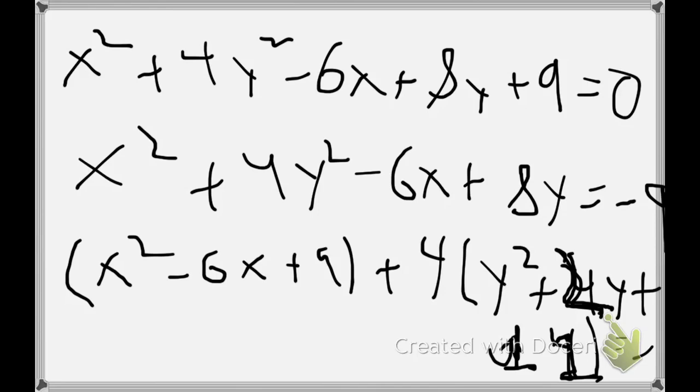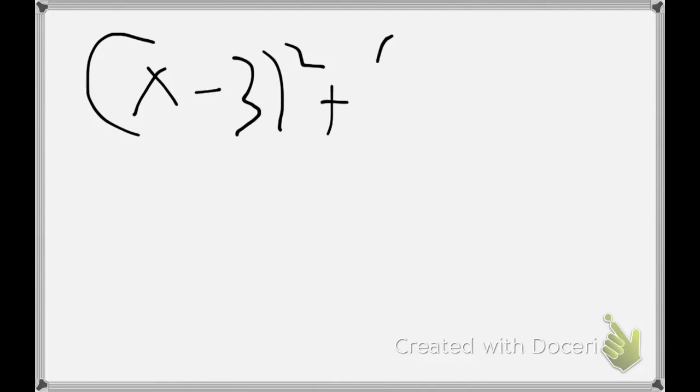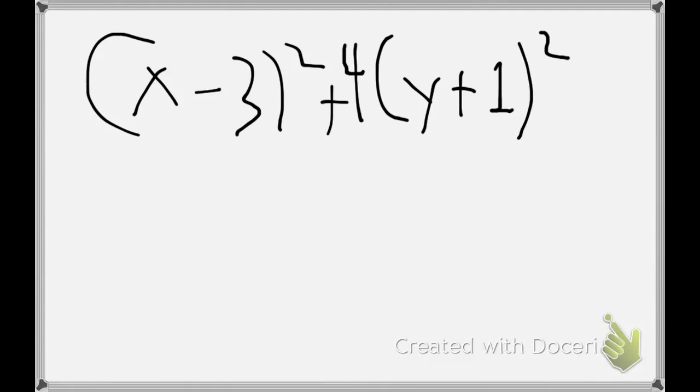When you condense them, you get x minus 3 squared plus y plus 1 squared, or 4 times y plus 1 squared, equals 1.